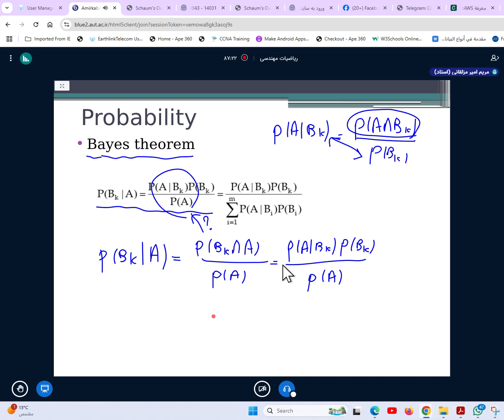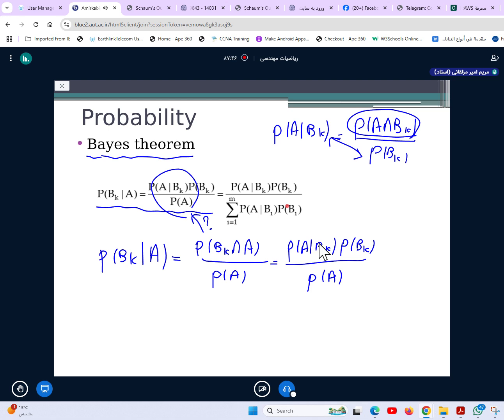Perhaps you know the Bayesian methods in different fields. Bayesian methods usually use Bayes' theorem, this theorem that you can see in this slide. Okay, any question? Okay, let's continue.